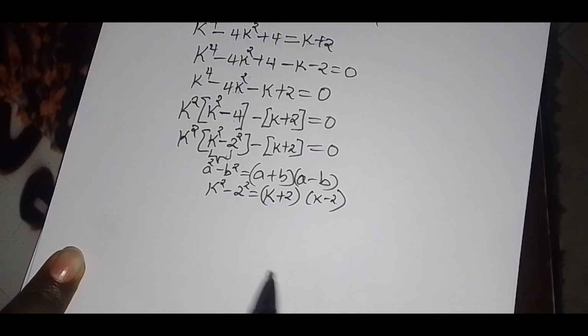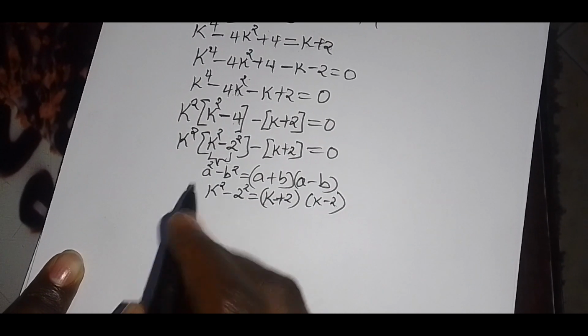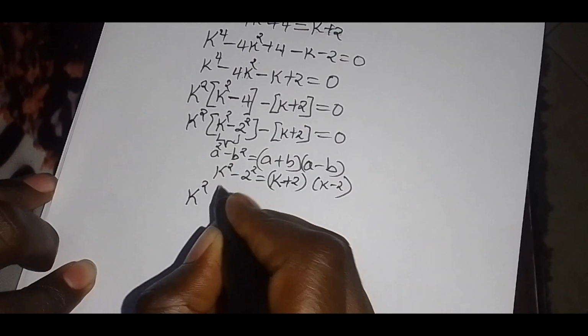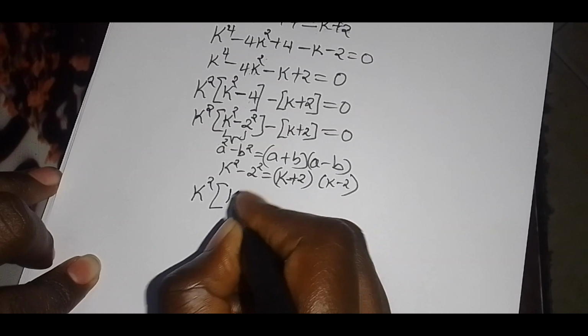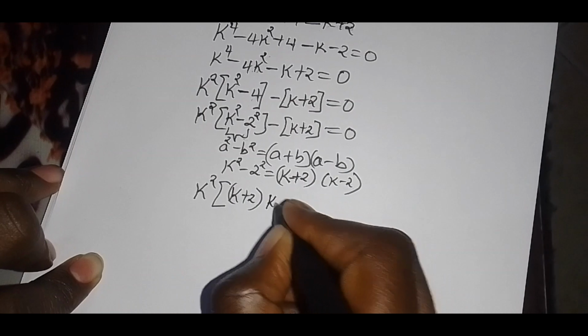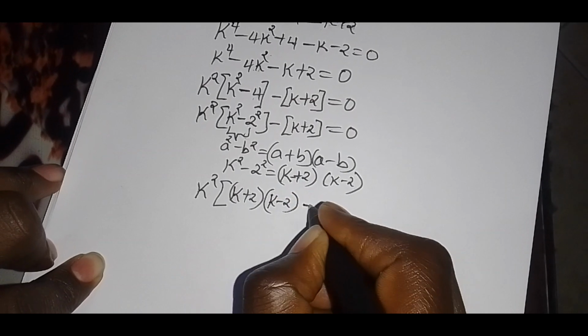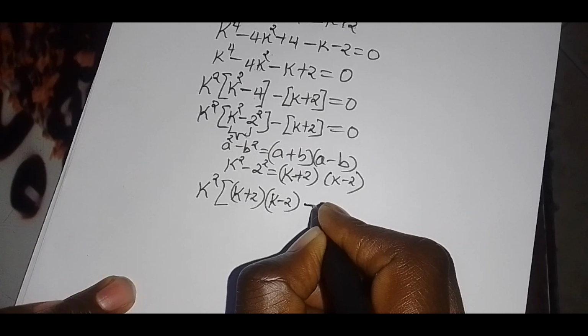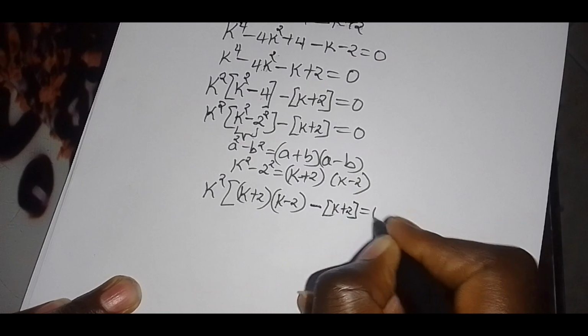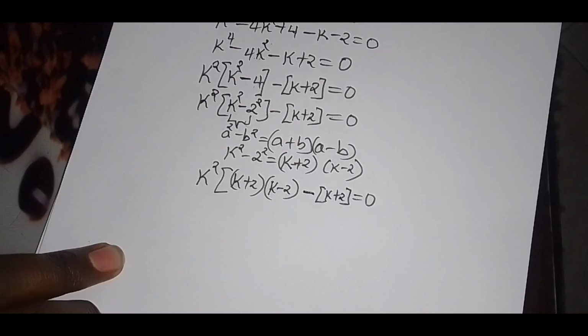So we plug in here, so that we will have k squared into the bracket, (k plus 2) and again (k minus 2), minus (k plus 2) equal to 0.